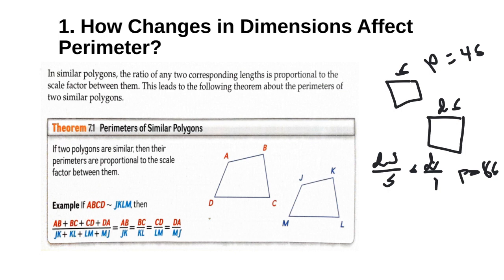Now we can see that the perimeter is doubled, and the scale factor is 2, so that explains the relationship between the scale factor and the change in the perimeter.